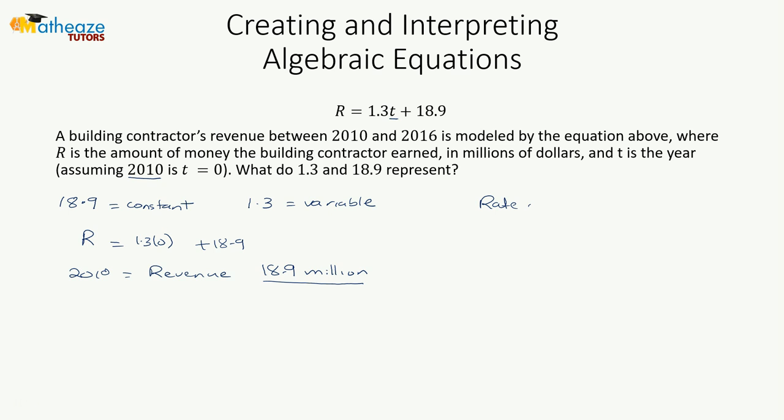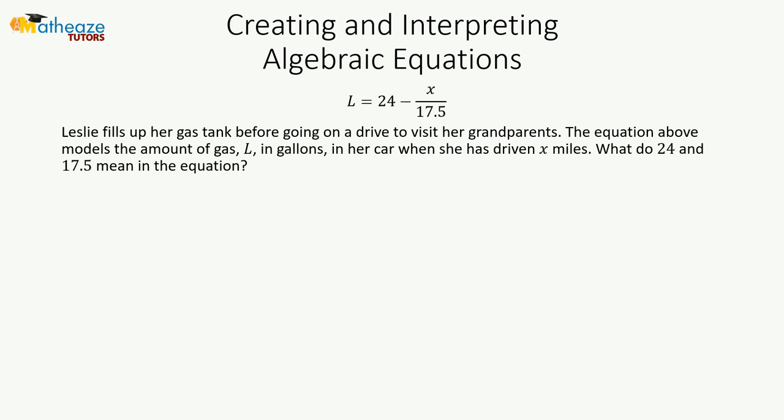So the rate of increase is equal to 1.3 because for every year that goes by, the revenue increases by $1.3 million. So that's what 1.3 represents. Rate of increase is 1.3 based on the number of years. So that's how you simplify this.